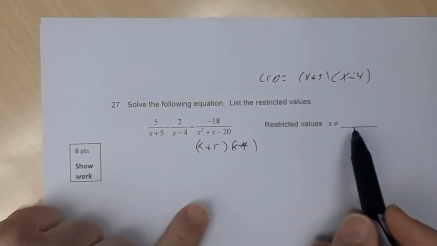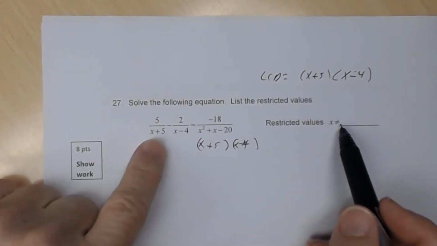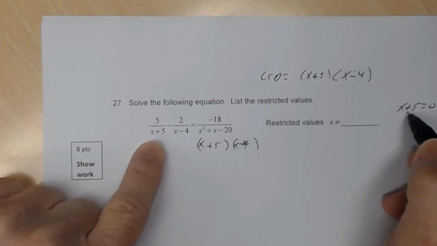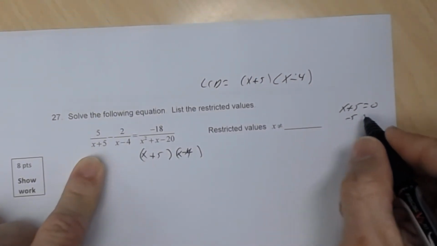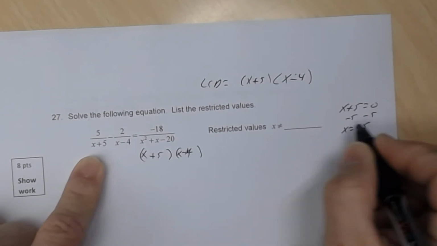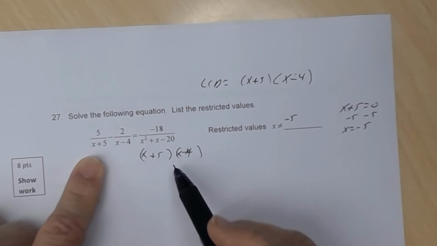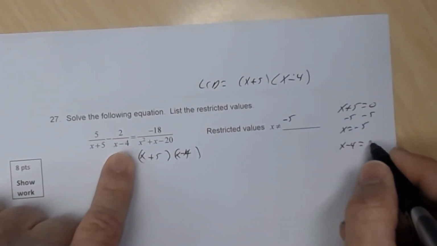Now, before we go on, let's find the restrictions. Remember, you cannot divide by 0. So you've got to ask yourself, if x plus 5 equals 0, then what x makes that 0? What x makes that 0 is negative 5. So one of your restrictions is that x cannot equal negative 5. Your other restriction, x minus 4, cannot be 0.